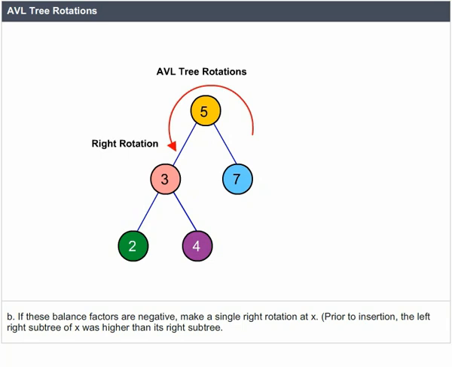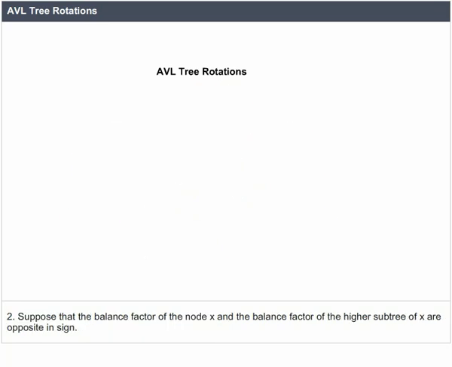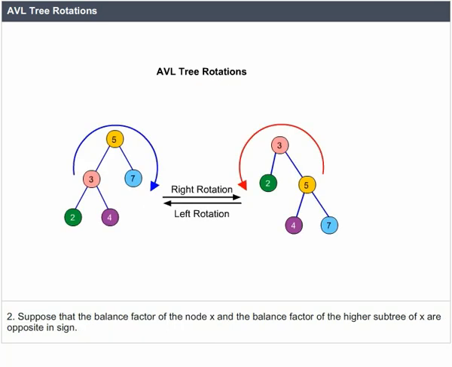The new item was inserted in the left subtree of X, causing the left subtree to increase in height, which in turn violates the balance criteria at X. Suppose the balance factor of the node X and the balance factor of the higher subtree of X are opposite in sign.